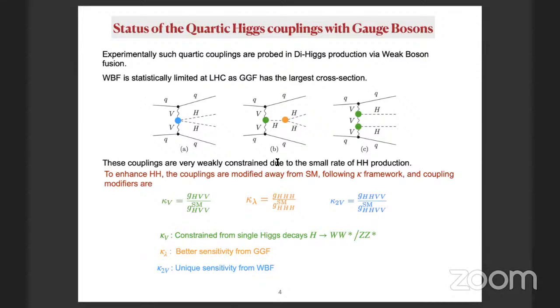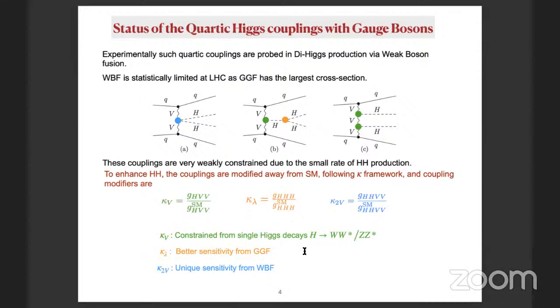So usually in experiments, a kappa framework is followed where coupling modifiers are defined, which are basically deviations away from the standard model. This is how the kappa parameters are defined in the kappa framework. Parameters like kappa V are constrained from single Higgs.